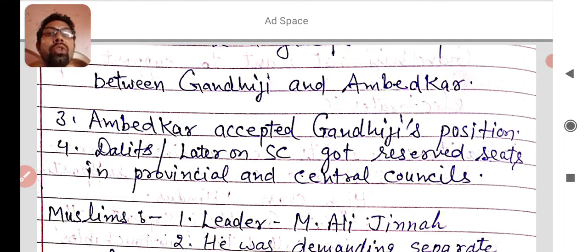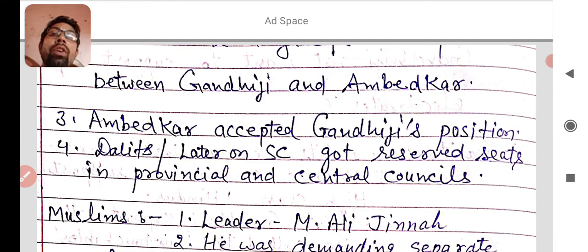So what was the solution there? Dalits, later on known as SC, got reserved seats in provincial and central councils. During the Pune Pact, Dalits, later on known as SC, I told you in the beginning today, got reserved seats in provincial and central councils according to the Pune Pact.